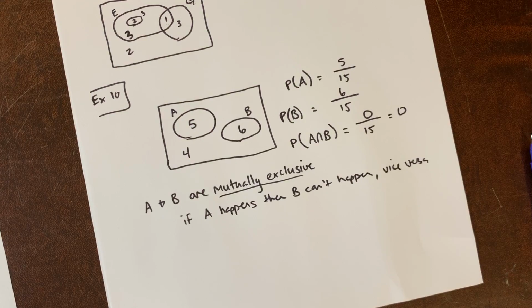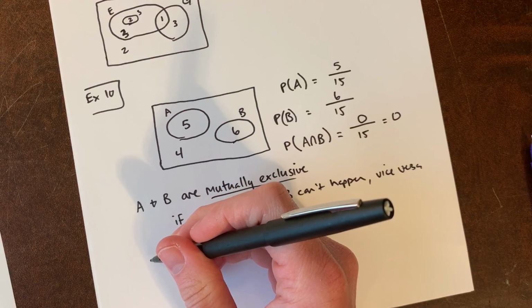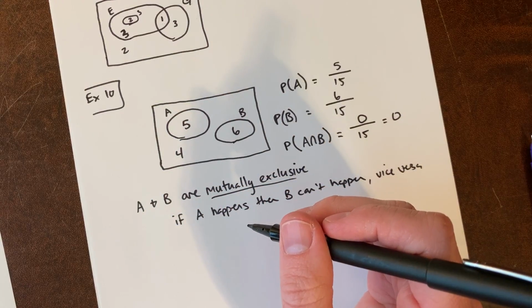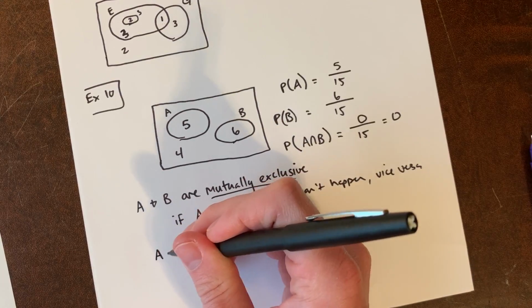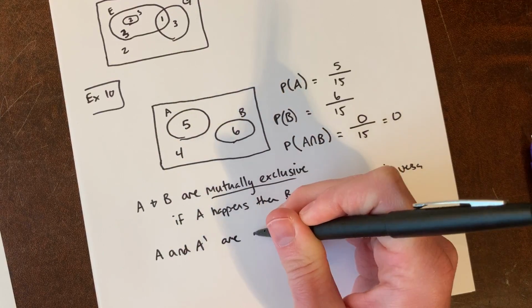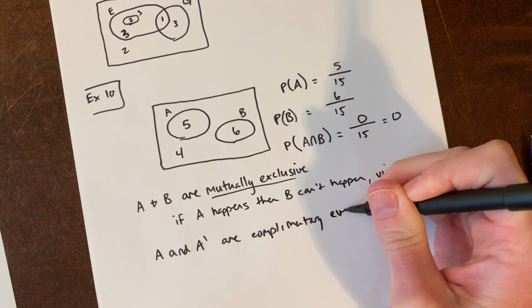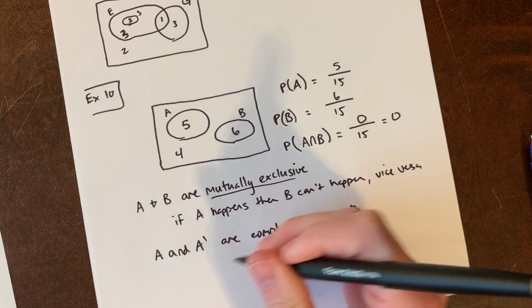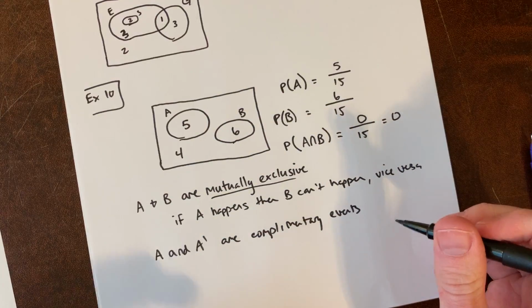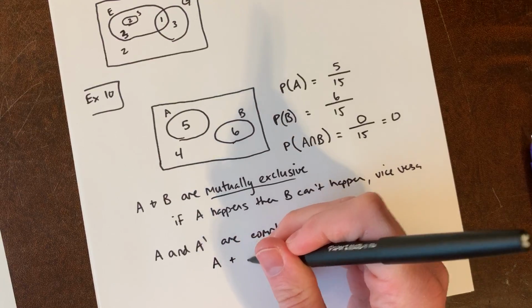And then the other term that you're going to be expected to know is complementary. With complementary events, we would say A and A prime are complementary, and what that means is that together their probabilities add up to 100%.